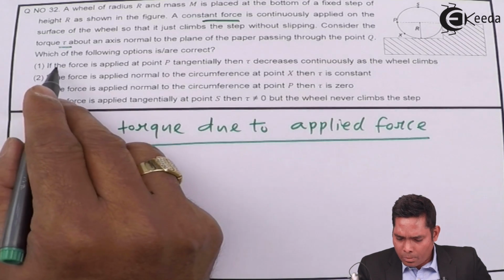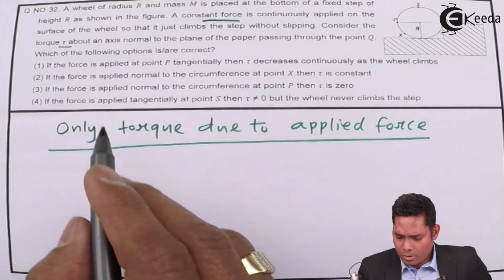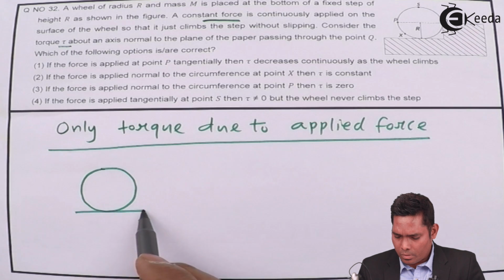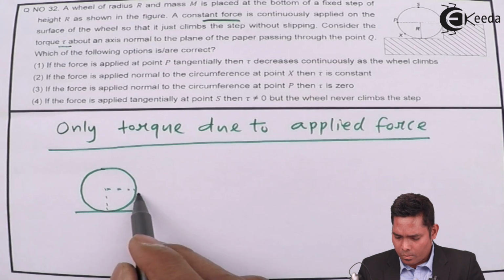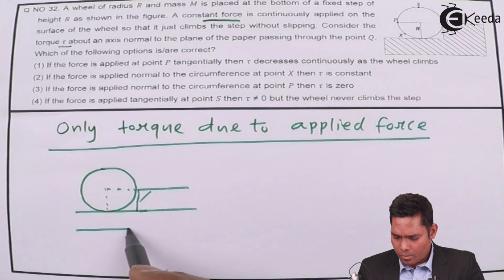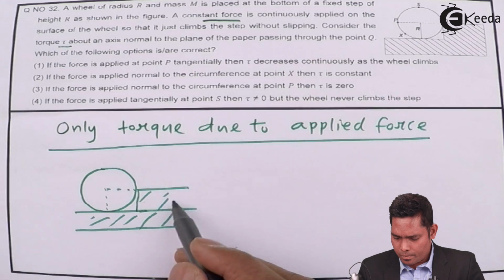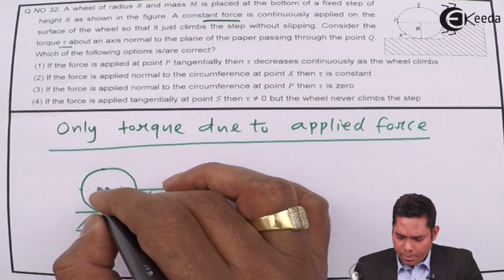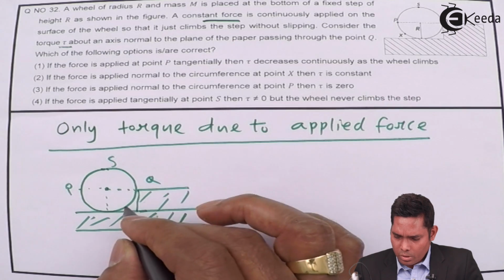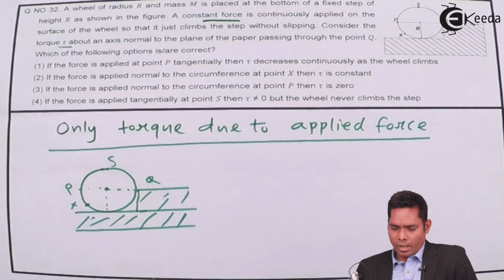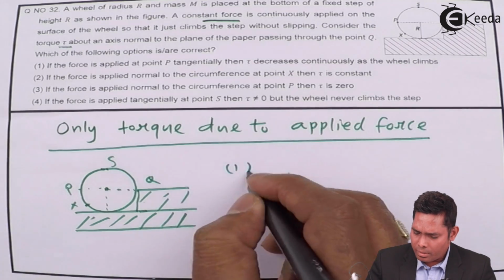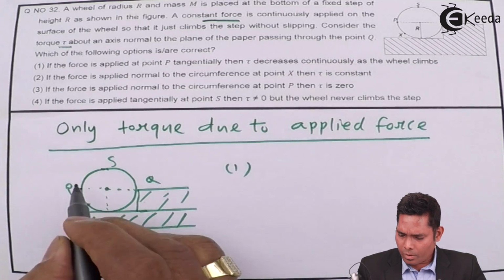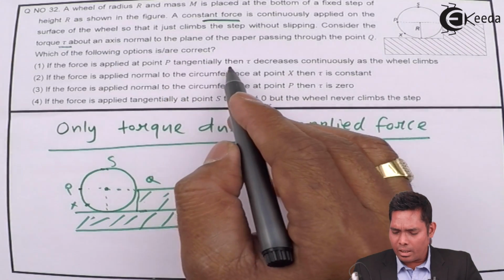Now option 1, if the force is applied at a point P. This is our center, this point is P, this point is S, this point is Q, this point is X, any point, and this distance is R. Option 1: the force is applied tangentially at point P, as shown in the figure.